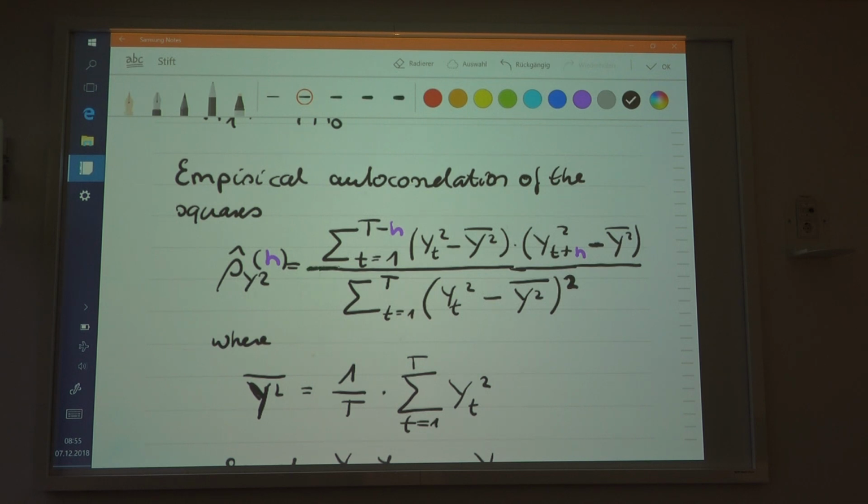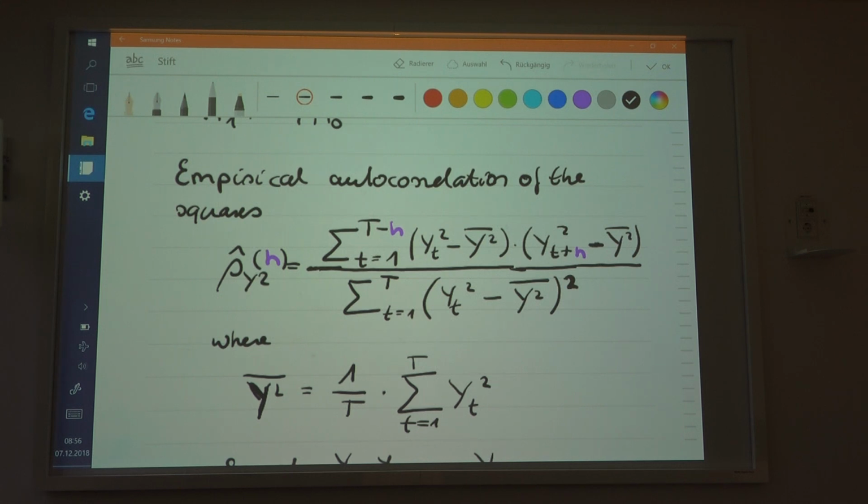Depending on what h is, the numerator has fewer summands than the denominator, but it doesn't matter. So that will be the empirical autocorrelation.